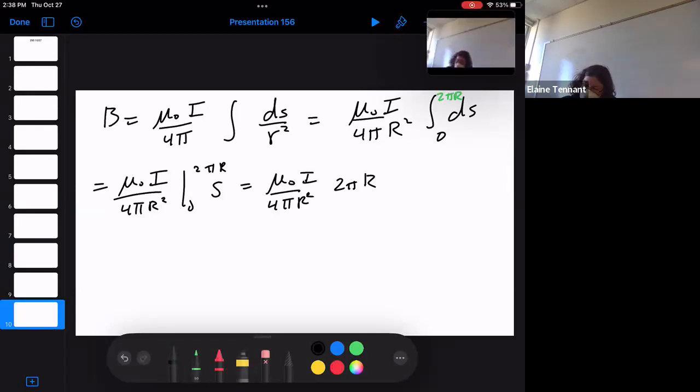And that r cancels out one of those r's, and we end up with a really reasonable mu naught I over 2r.